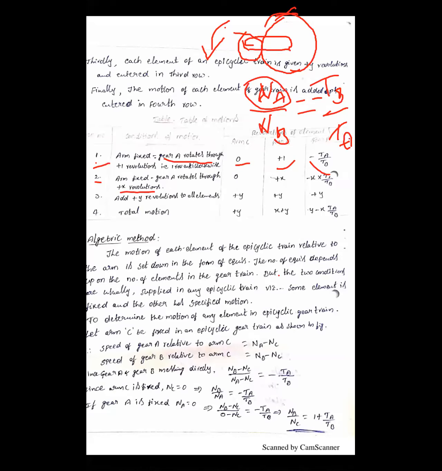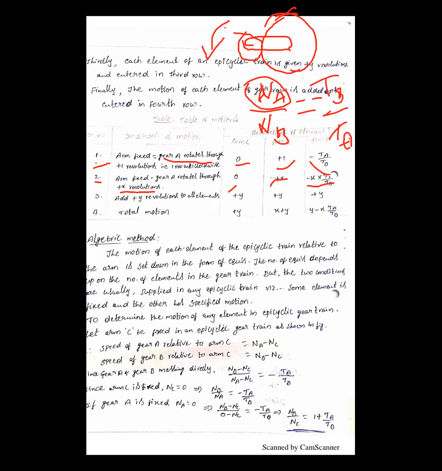The gear will make some X revolutions. So if gear wheel A makes plus X revolutions, we multiply X with our speed values: X into 0 is 0, X into 1 is X, and the speed value is minus X into TA by TB.